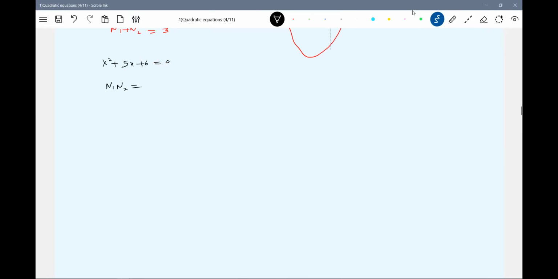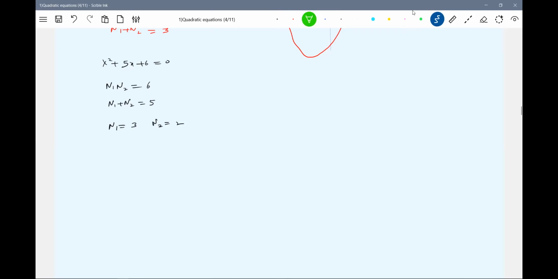The numbers whose product should be the constant term, and the sum of those two numbers should be equal to the coefficient of the linear term. Then I should choose the values of n1 and n2 such that the product is n1 n2 equal to 6, and the sum should be this one. So let me choose n1 equal to 3, n2 equal to 2.